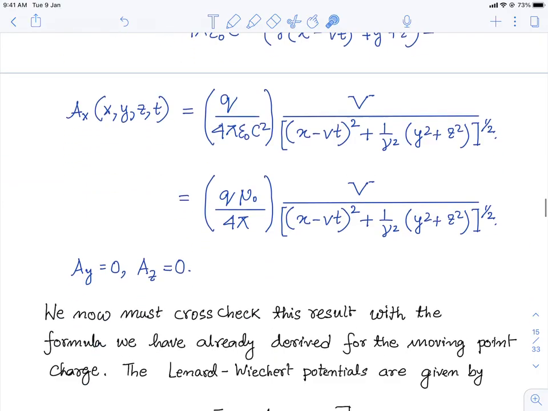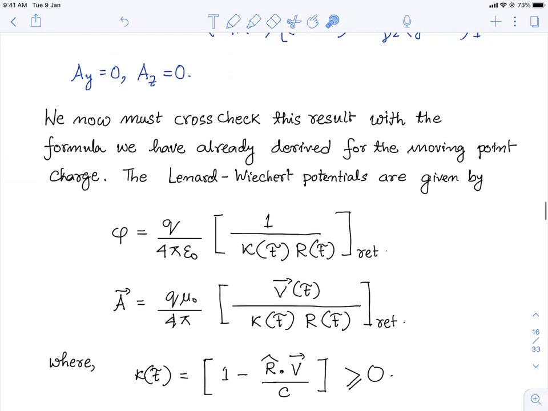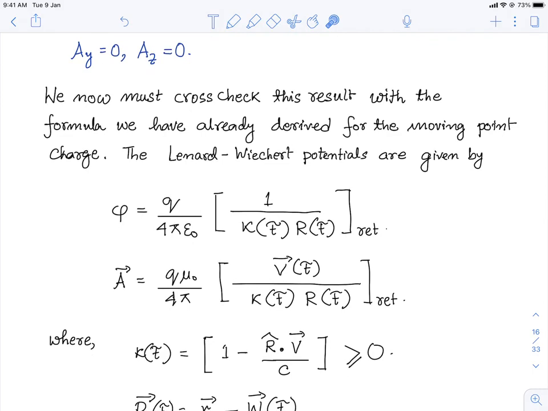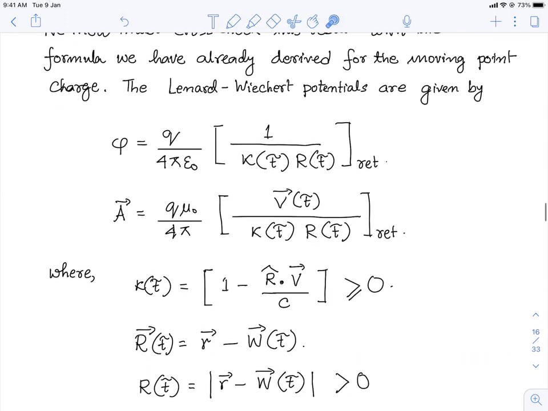So let's now go back to your Liénard-Wiechert potential answer and try to match whether you had the right answers when you derived the Liénard-Wiechert potentials. That has to be matched, so let's do that exercise. It requires a little bit of complicated algebra, but we have to do that exercise.